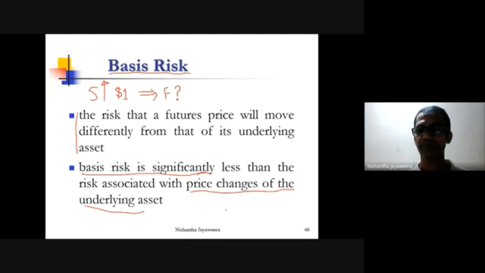Remember, I'm referring to the change in the basis, not the change in the futures price or the change in the spot price. The change in basis is smaller than the change in the underlying asset price. So therefore, basis risk is significantly less than the market risk that you take on the underlying asset.